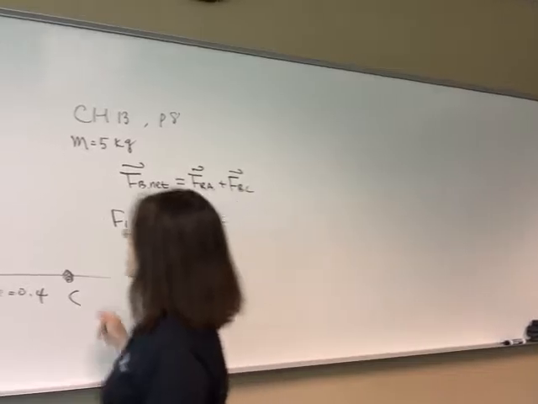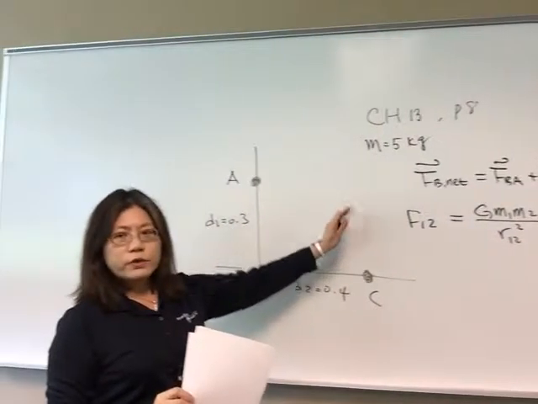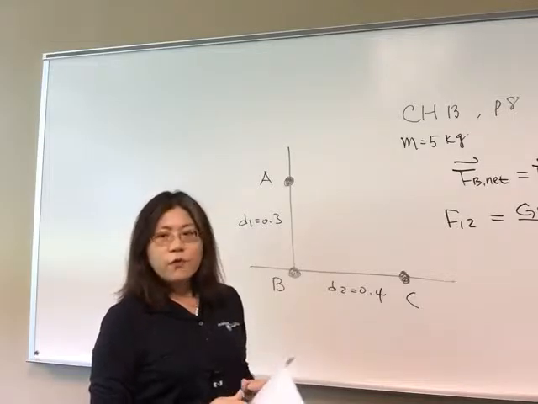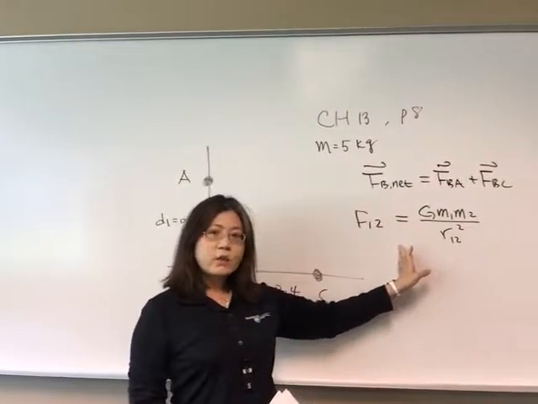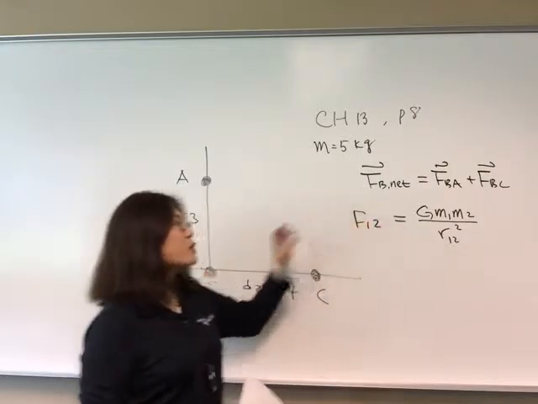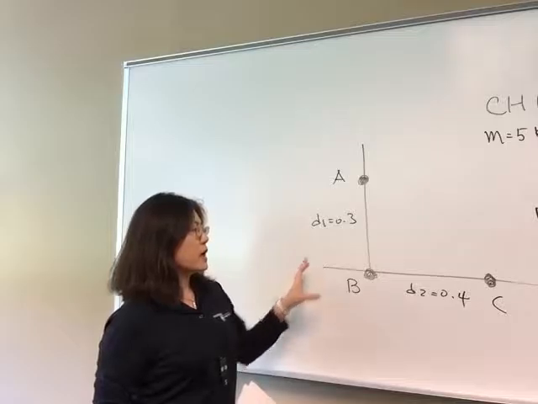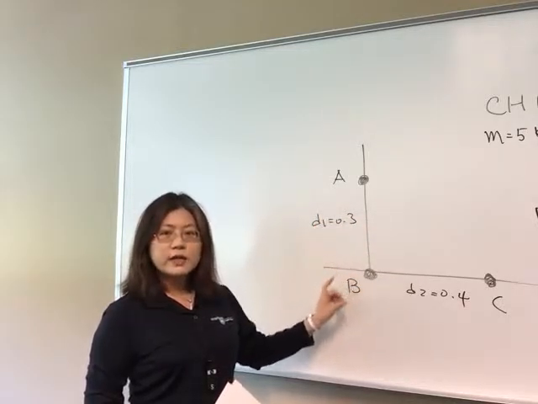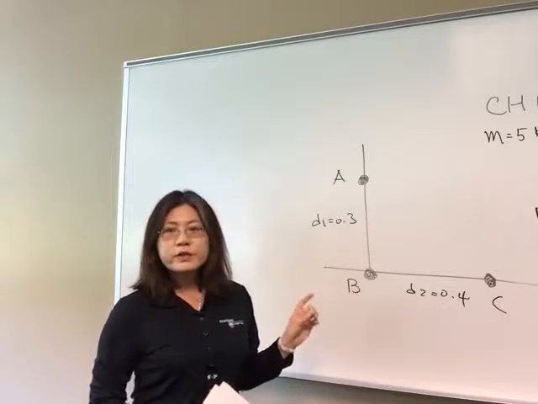So in that case, let's look at this slide. Because this is a force, you want to first of all calculate the magnitude. To calculate the magnitude, you use this equation. Once you have the magnitude, then you want to use the diagrams here to indicate the direction of that force. Remember, the force is always attractive.